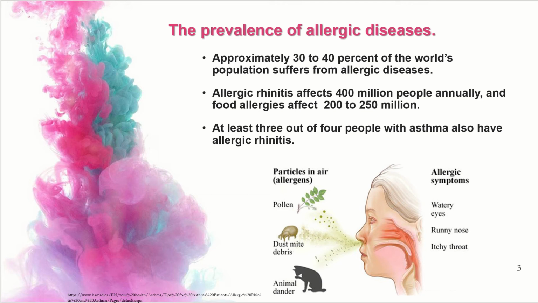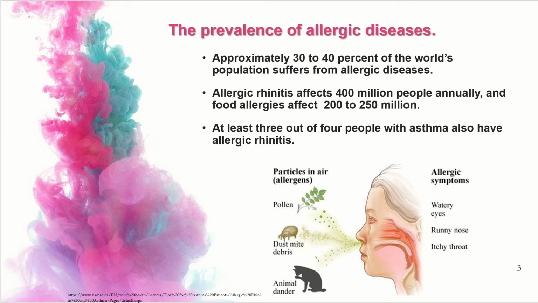So, having looked at that, I'm sure that you must have experienced some type of allergic reaction, or you know somebody who has experienced some type of allergic reaction. If that's the case, that suggests that it's quite prevalent, and this is how prevalent it is. Approximately 30 to 40% of the world's population suffers from allergic diseases. Allergic rhinitis affects 400 million people annually, and food allergies affect 200 to 250 million people.